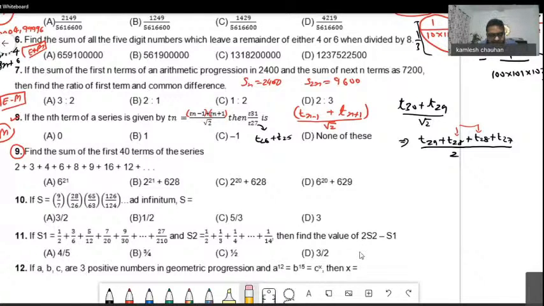Is it 2 APs, yes 2 APs है या फिर 1 GP है and 1 AP है. ठीक है everyone, so we have 1 AP and 1 GP. So this is a GP, this is an AP.